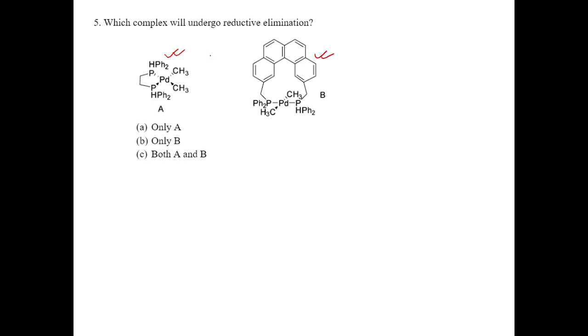Okay, so for reductive elimination, I already told you that whether reductive elimination is possible or not in a metal complex can be said by some features of the metal complex. It has to be a more crowded one, a high valent compound, and it has to be electron deficient.